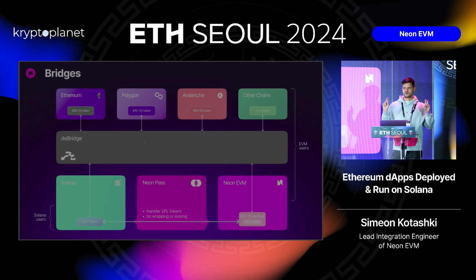But why I say bridge in quotes is because we are not really bridging from one chain to the other. We are just doing a native transfer from one account inside Solana to a Neon EVM account that represents your MetaMask address, because we know that Solana addresses are different from EVM addresses. So Neon EVM supports EVM addresses, so you just need to transfer your SPL tokens to the Neon EVM account that represents your Ethereum and MetaMask address.